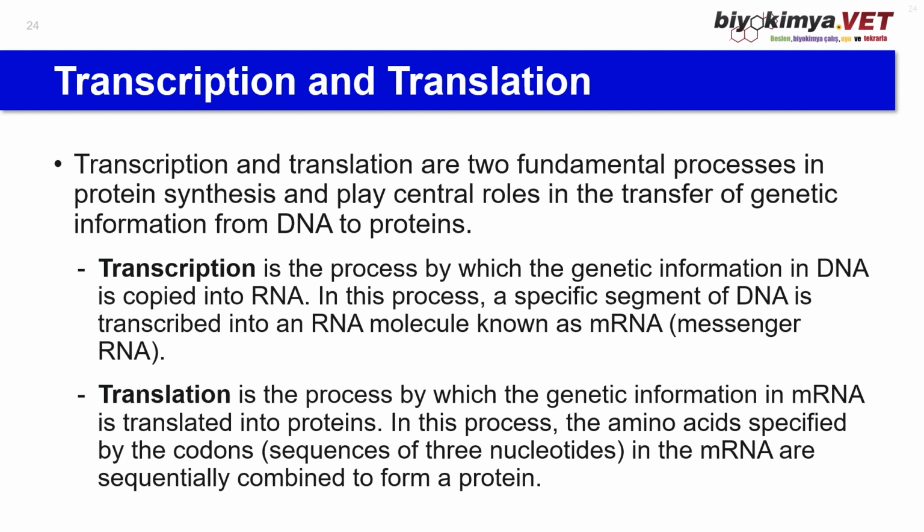These proteins meet various structural and functional needs of the cell. These steps in the expression of genetic information enable cells to produce the correct proteins at the right time, supporting the growth, development, repair, and various biological functions of living organisms. These processes are fundamental mechanisms of molecular biology and provide essential insights for understanding genetic diseases, gene therapy, and biotechnological applications.